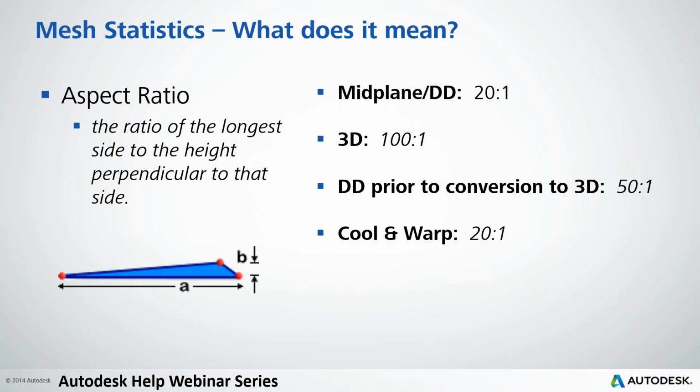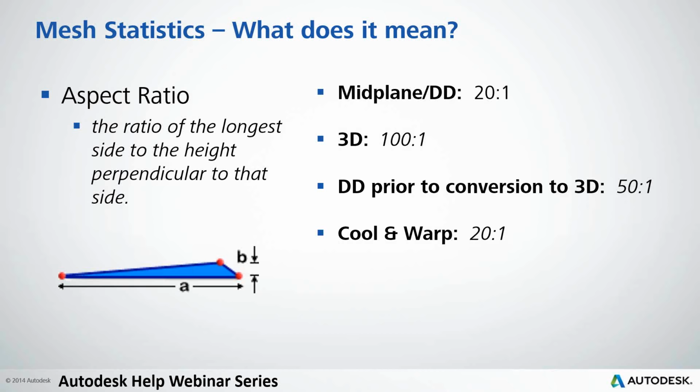Typically the default is you want to get everything from midplane and dual domain under 20 to 1, but when you go to 3D, you want to get it to about 100, because 3D has a little more give since you're actually capturing the geometry. And for dual domain or surface mesh prior to meshing to 3D, you want to aim for about 50, because that'll even out to around 100 when you do mesh to 3D.